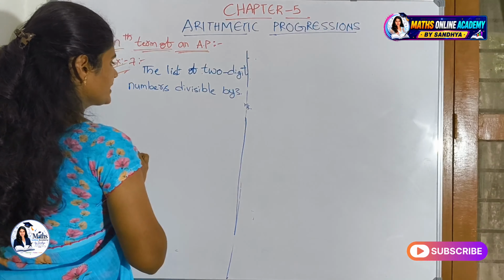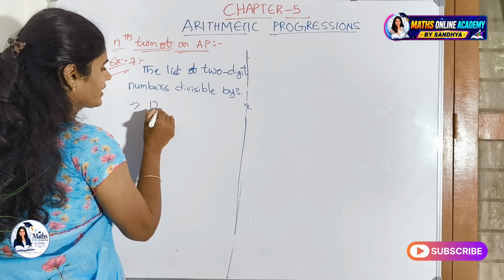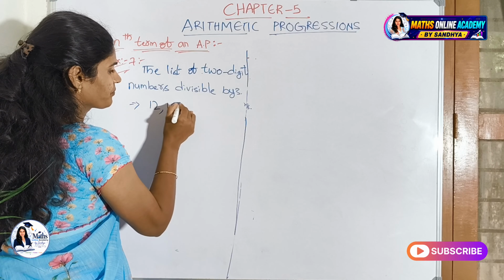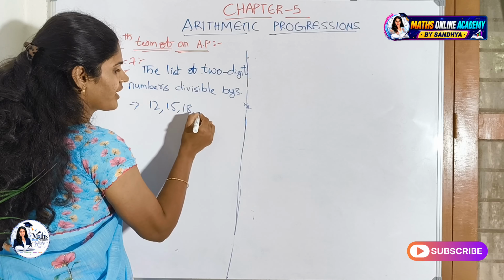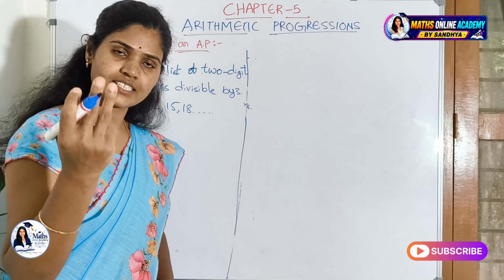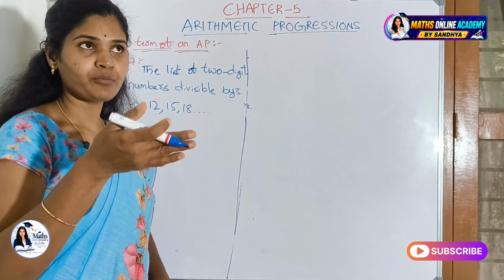Let's take 3, that is one digit. 6, 9, those are 1 digit. And next 12, and the 3 table gives 15 and 18 and so on. The last one, 100, is a 3-digit number, and before 100 is 99. So 99 is the 2-digit number divisible by 3. The list of 2-digit numbers divisible by 3 is 12, 15, 18 and so on up to 99.